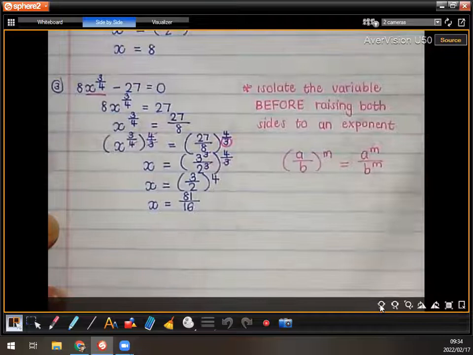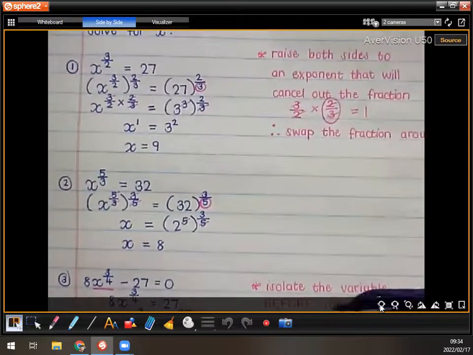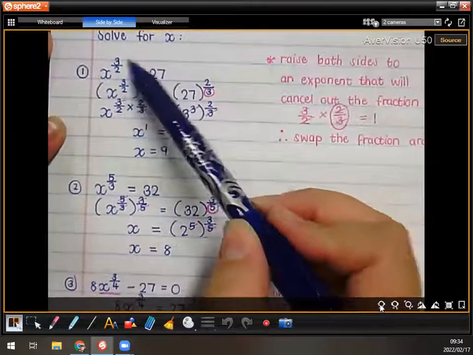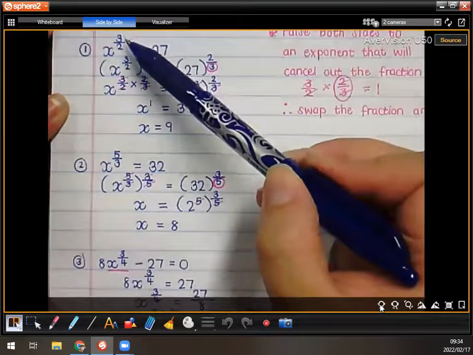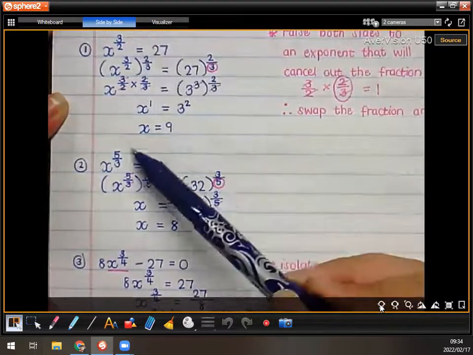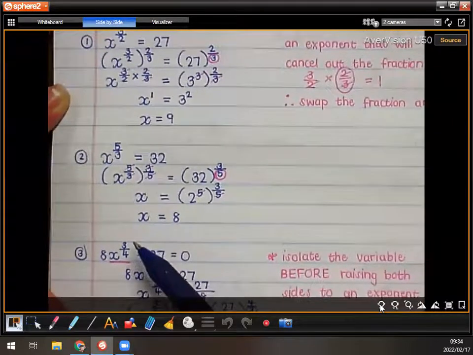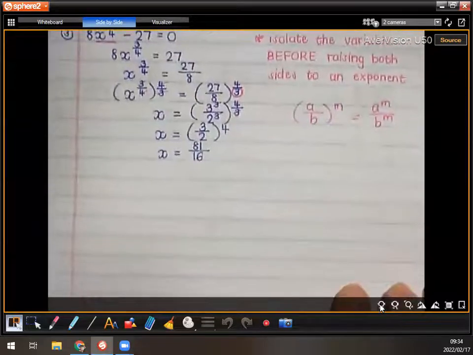Okay. Now guys, what I want you to notice is that in all 3 of these examples that we've done now, right, this is looking at the fractions, the numerator was always an odd number. Right, so you see that the numerator in the first one was 3, in the second one was 5, and then the third one was also 3. When the numerator is an even number, we need to do something different.